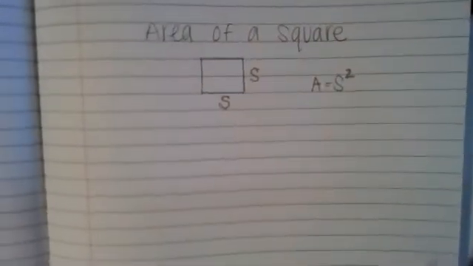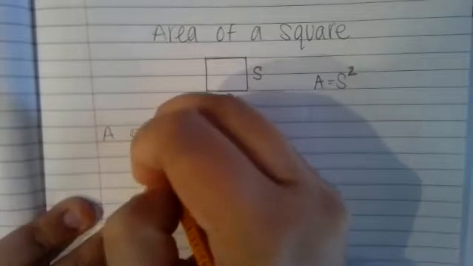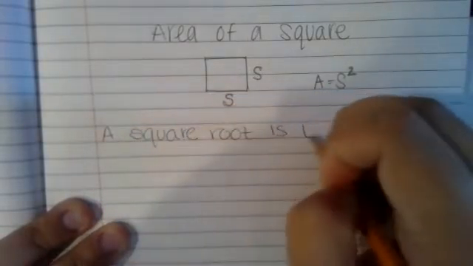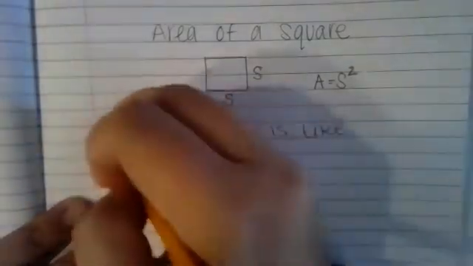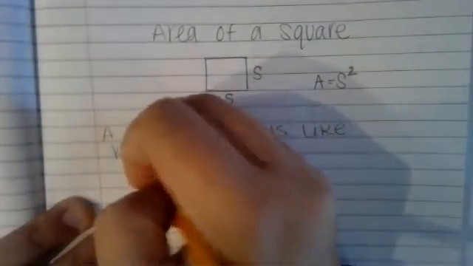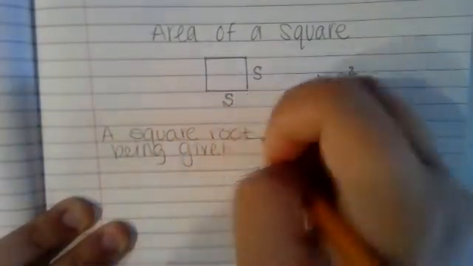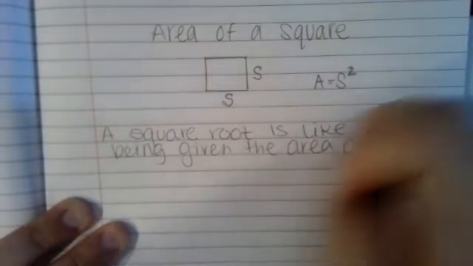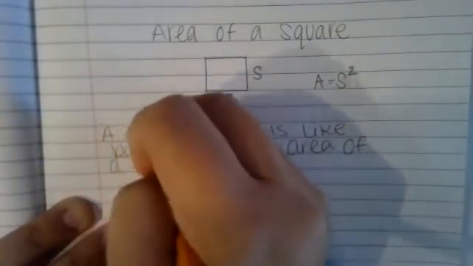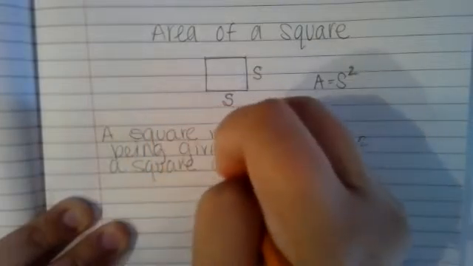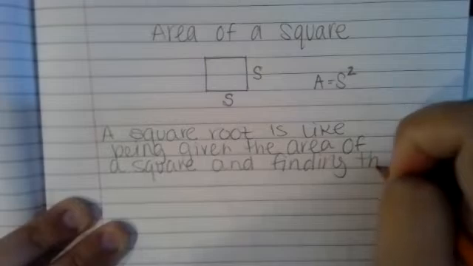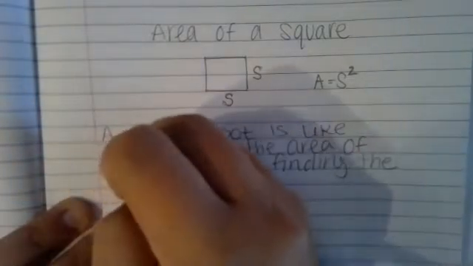So when we talk about the square root, a square root is like being given the area of a square and finding the side lengths.